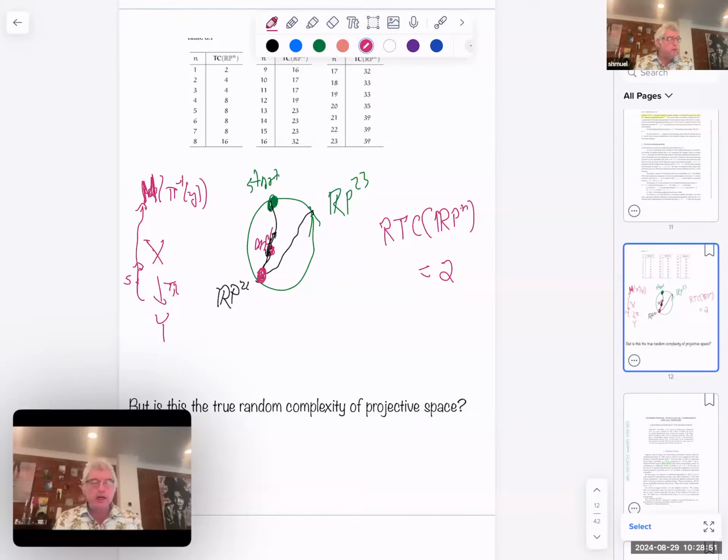But of course, to capture the spirit of what Misha was introducing, he was asking how much indeterminacy there is. So you want to look at measures whose supports are on k points.